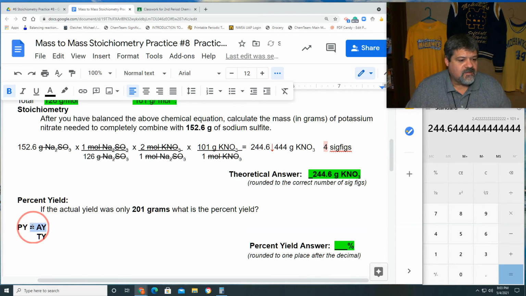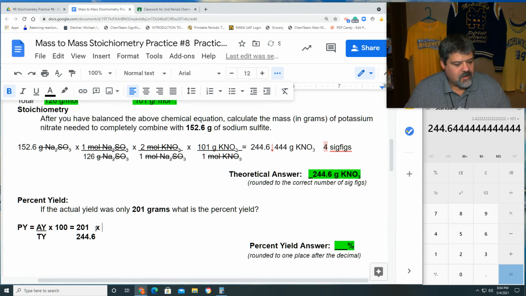So we're going to underline this right here, and then what we normally do is multiply that by 100. So that's going to equal: our actual yield is 201 grams, so we're going to put 201 grams on top. And on bottom, we're going to put our theoretical yield, which is this number right here, 244.6.